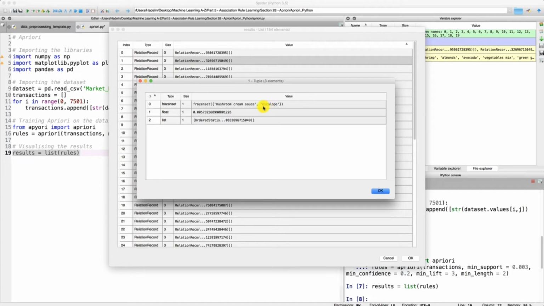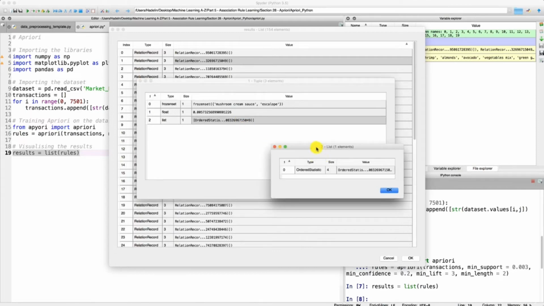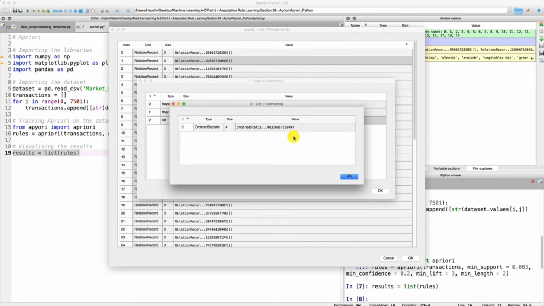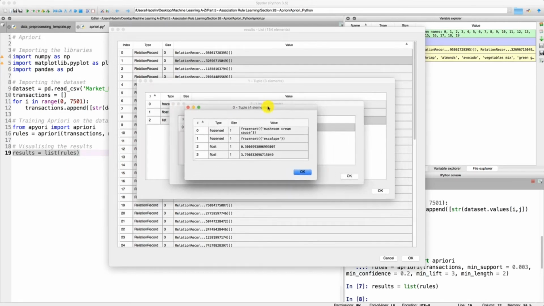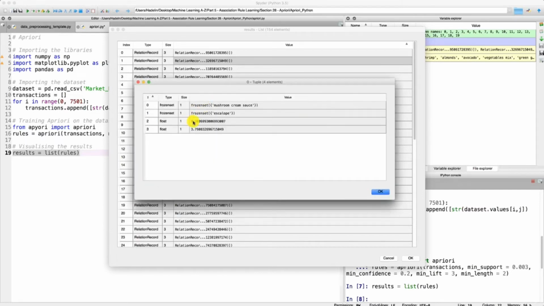Okay, so that's good. And now let's have a look at the confidence and the lift for this particular association rule. So we must double click on it. We get this table and then double click on it again. All right, so that's the info we're interested in for this rule. So we can see the confidence of this rule is 0.3, 30%, which means that if French people in the south of France purchase mushroom cream sauce in the store, well, they have 30% chance of buying escalope as well.